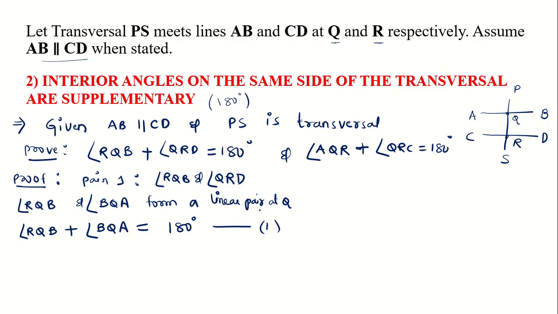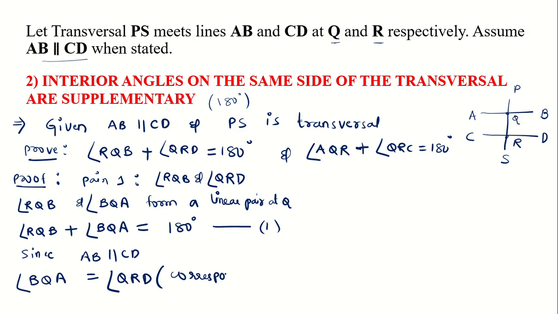And since we have that AB and CD are two parallel lines and PS is your transversal line, you will get angle BQA is equal to angle QRD from the corresponding angles axiom. So let this be your statement 2.